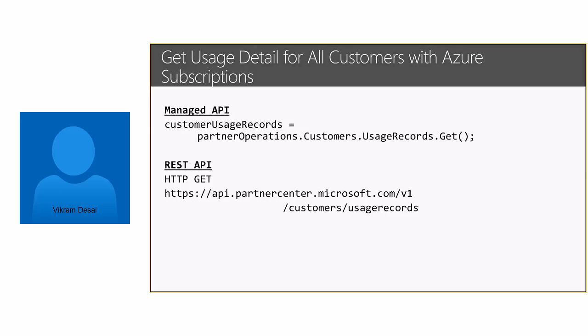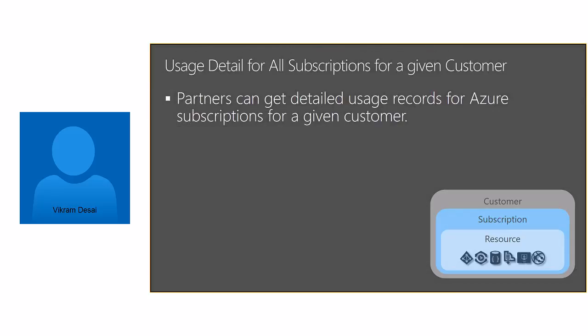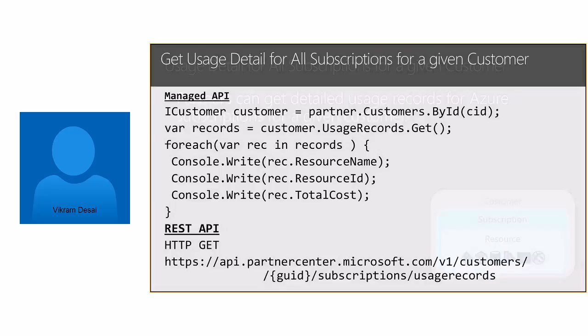This will give you all subscriptions for all the customers. Similarly, you can now get all subscriptions for a specific customer. Per resource, you can get the amount that is spent and what was the budget.